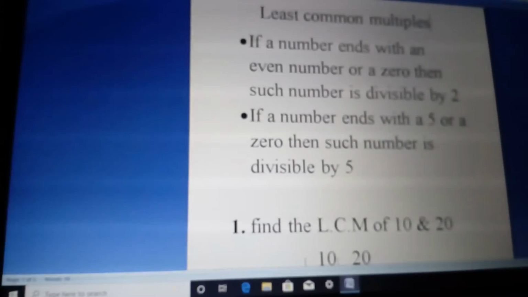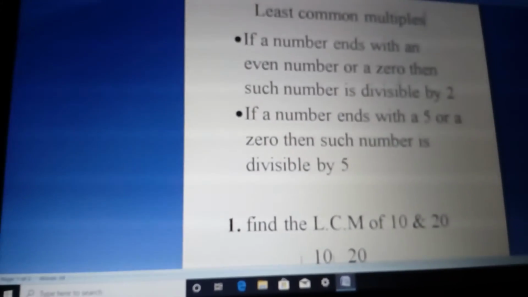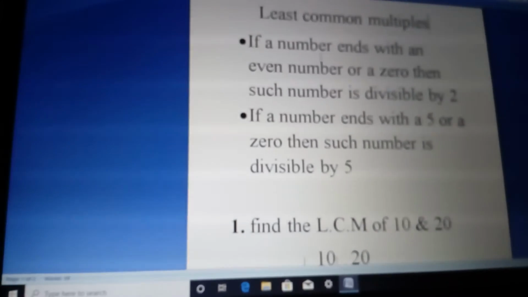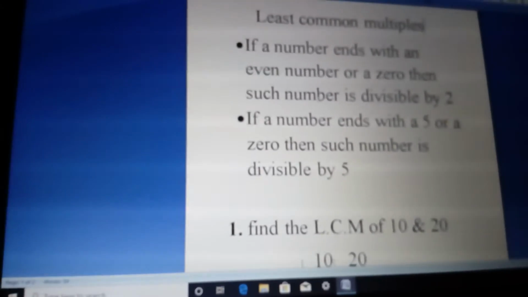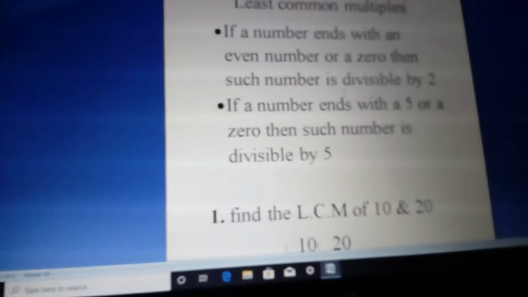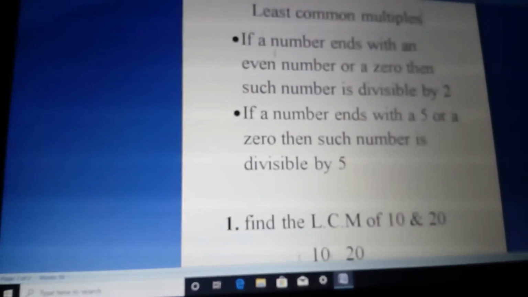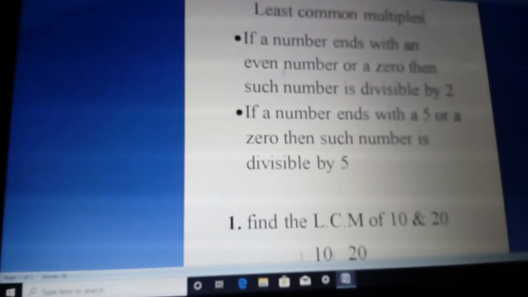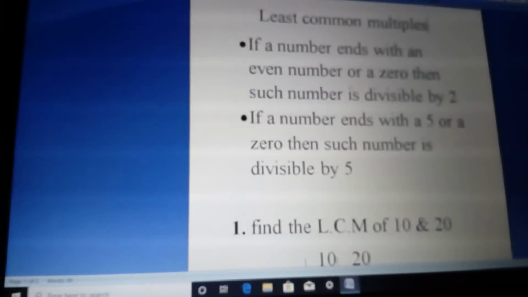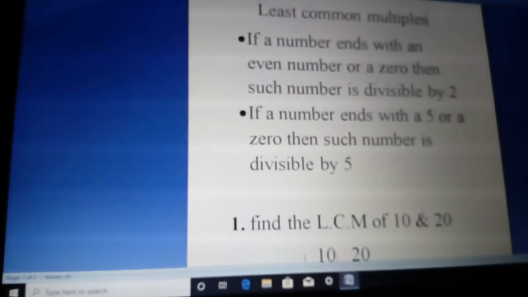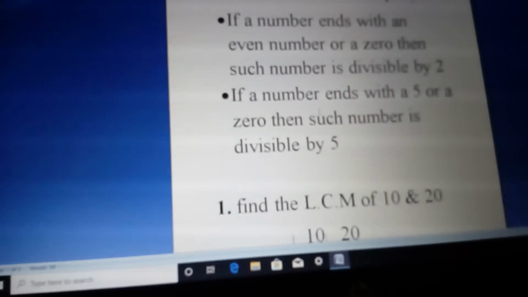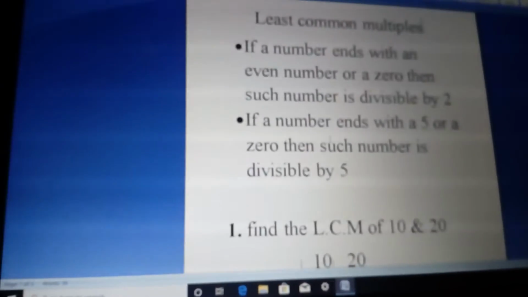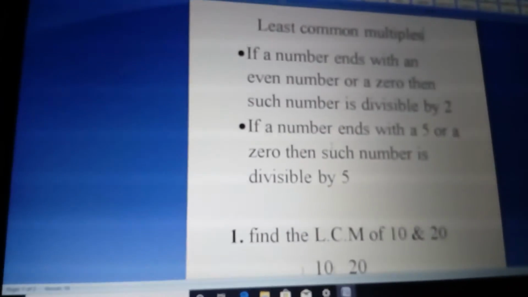If a number ends with an even number or 0, such number is divisible by 2. That's the first point there. So if you have a number and you don't know where to start from, you can check, is it ending with an even number, is it ending with 0?